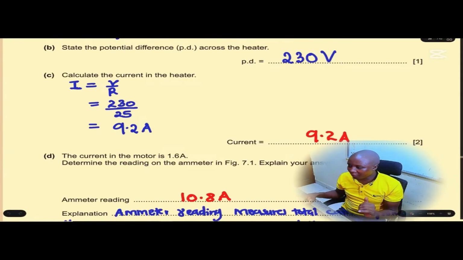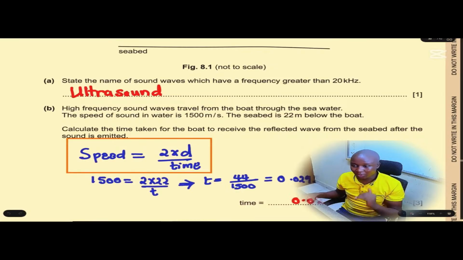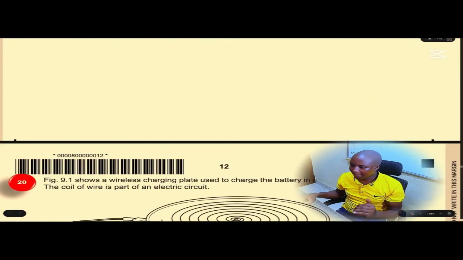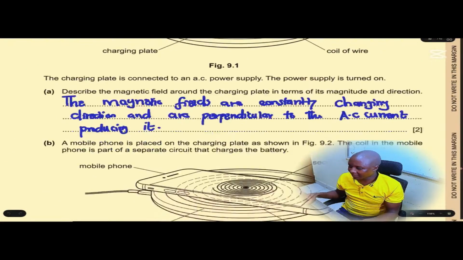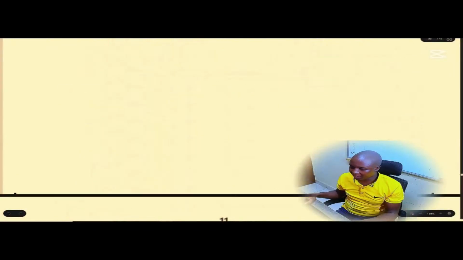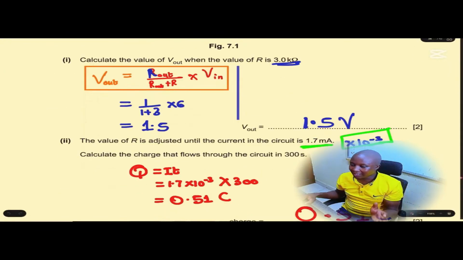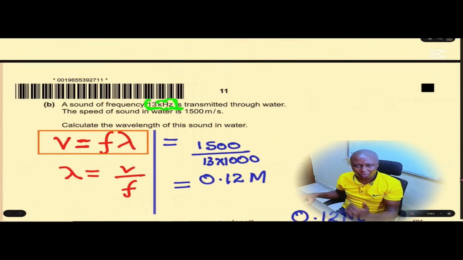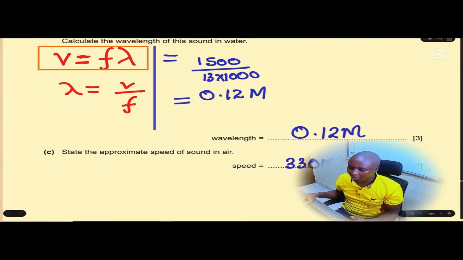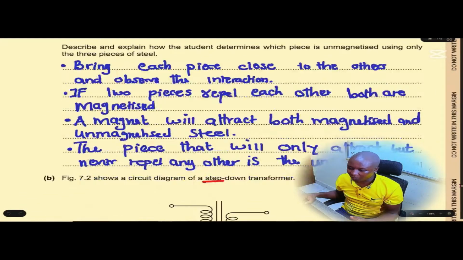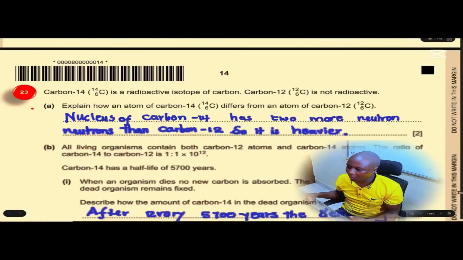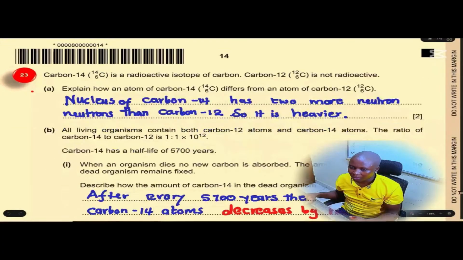If you have not watched that part, you really missed a lot. Make sure you check the link that I've added in this video down there so that you can get started. Questions to do with potential dividers, we really discussed how to work out, and that was done in part 3. So let's go straight and try to figure out how to work out questions to do with radioactivity.